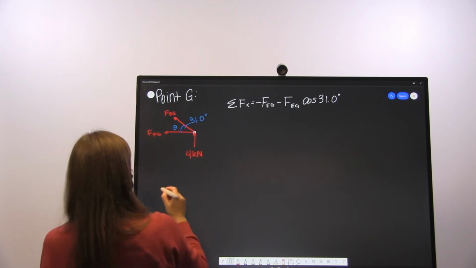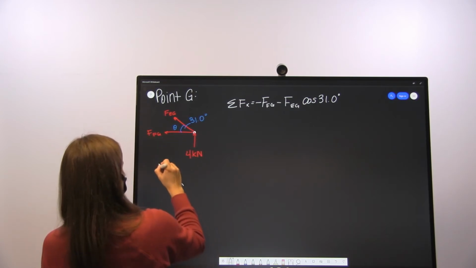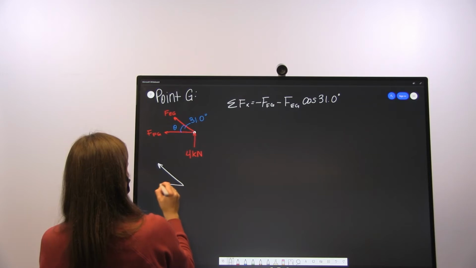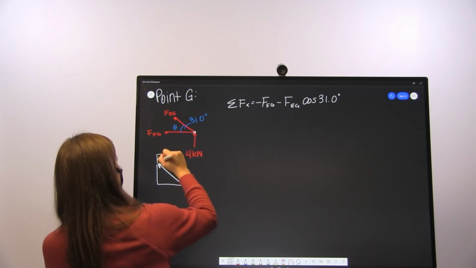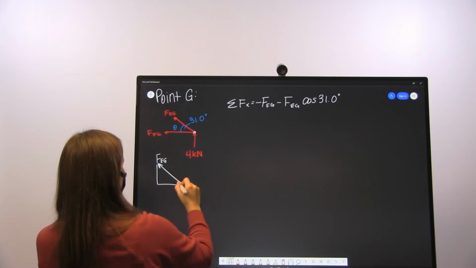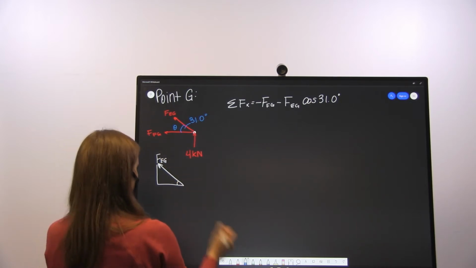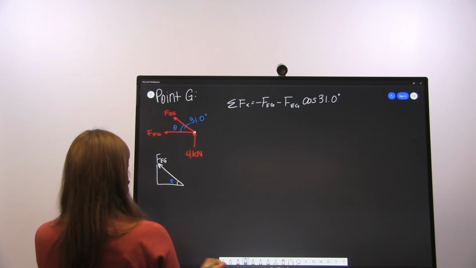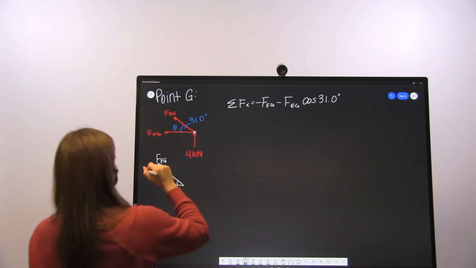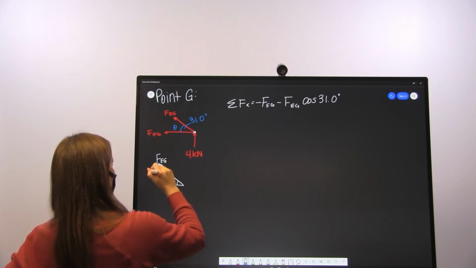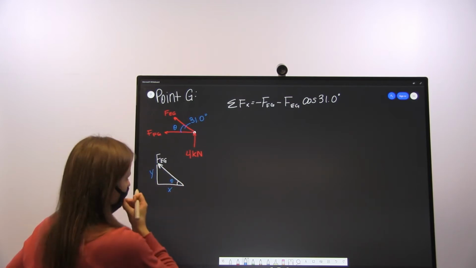And then we can just draw a triangle here. This is how we get the cosine. So say this is force EG, and then this is our theta value. Here we have our force in the y direction, and this is force in our x direction.